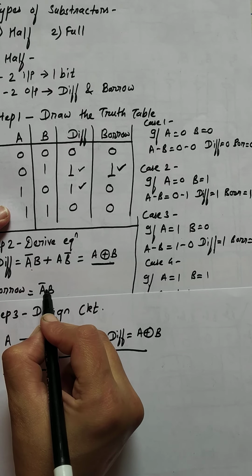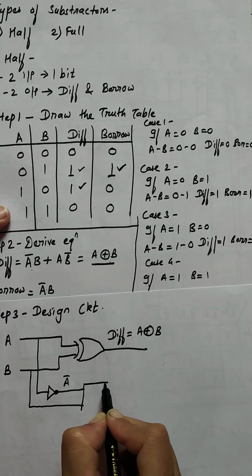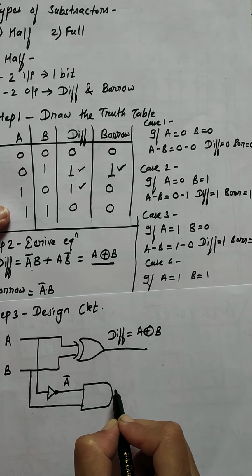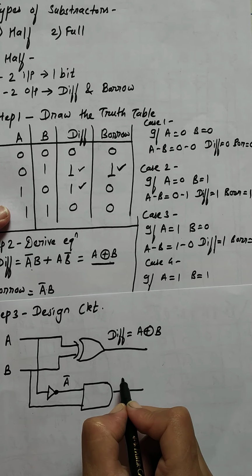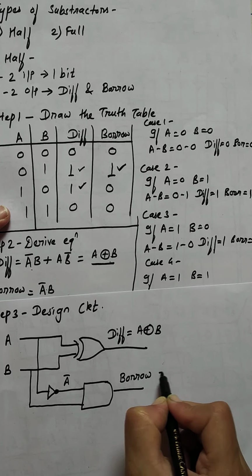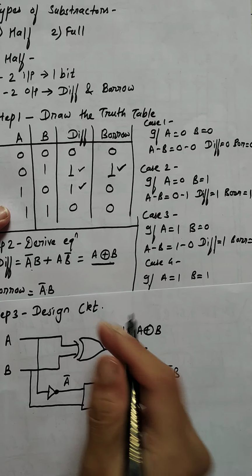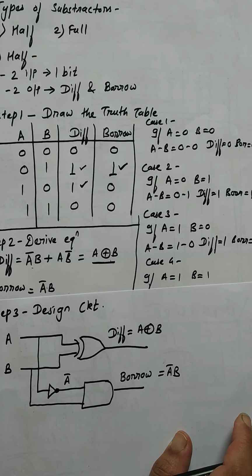In between this A bar B there is a dot, which means an AND gate. So I'll use an AND gate and give A bar and B as inputs to the AND gate, and here I'll get the output for borrow, that is A bar B. So this is the circuit diagram for your half subtractor.